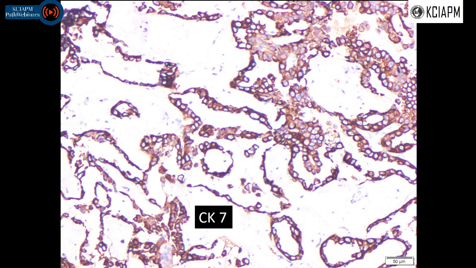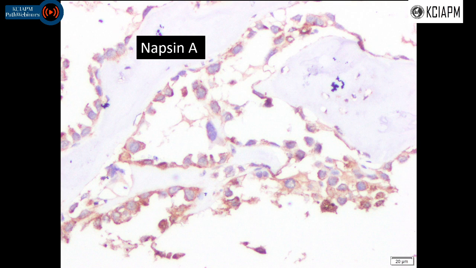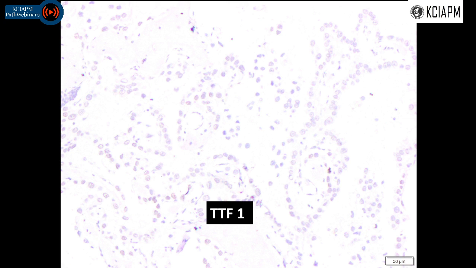We did a CK, and CK7 is strongly positive in these tumor cells, and it was also positive for napsin A. This is the higher part showing the cytoplasmic staining, and TTF1 was however negative.